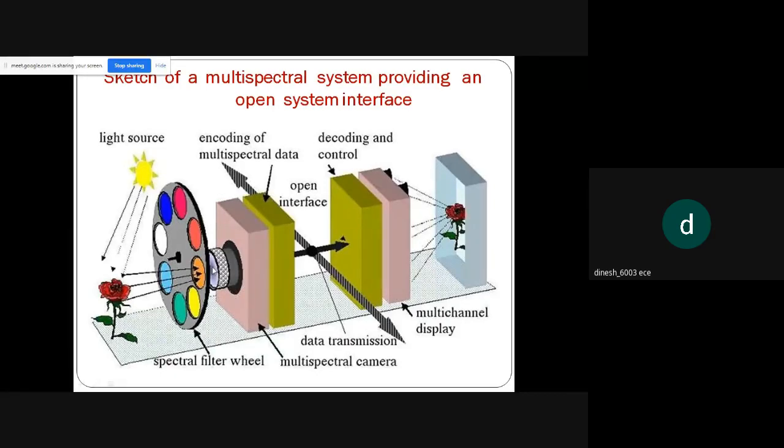These multispectral cameras will acquire this information, and it is given to the encoding of multispectral data. Then it is transmitted to the multi-channel display, where decoding and controlling is done. Then the multi-channel display gives the exact replication of this rose flower. This is how the multispectral system works.